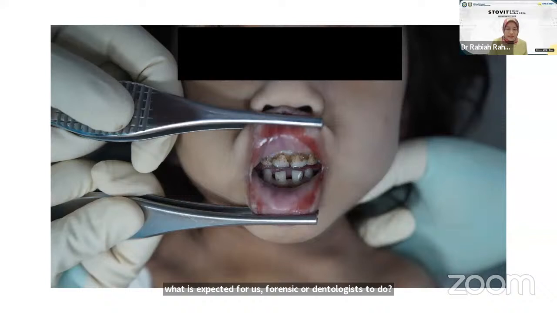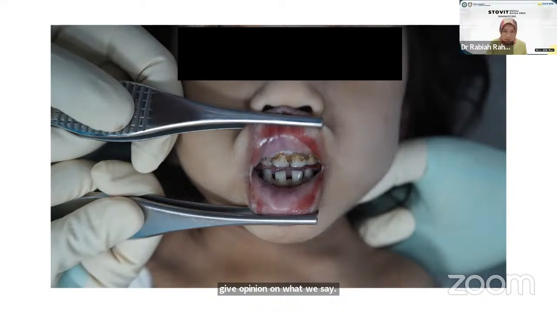So in this child negligence case, we were called not to identify the body, but to examine the oral region and maxillofacial region, then just give an opinion on what we see.